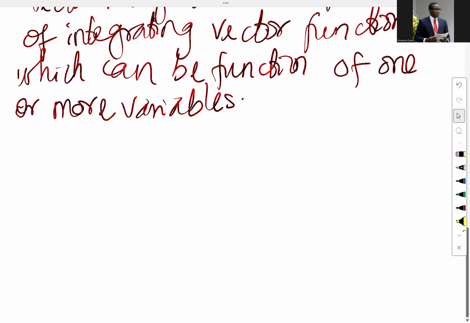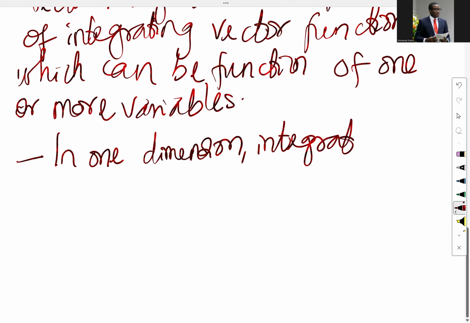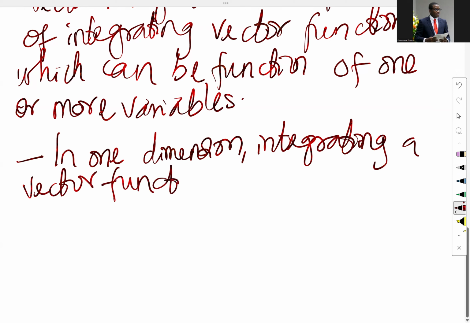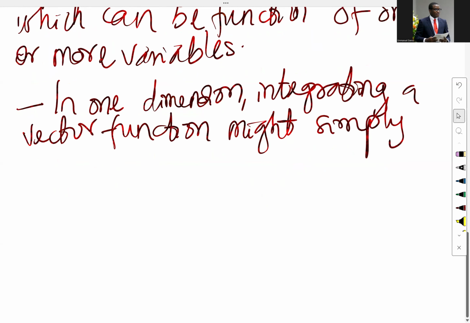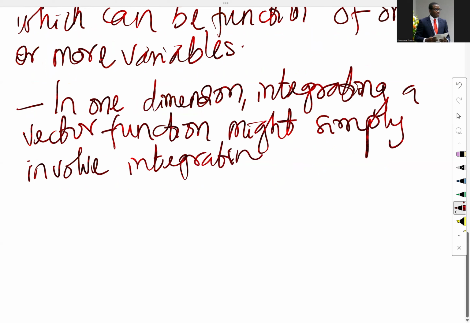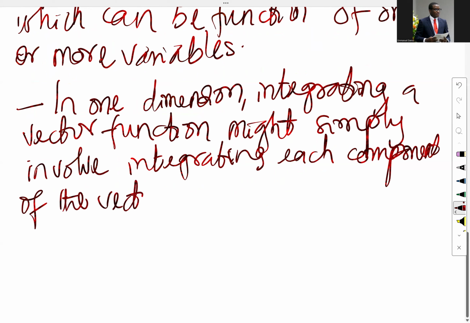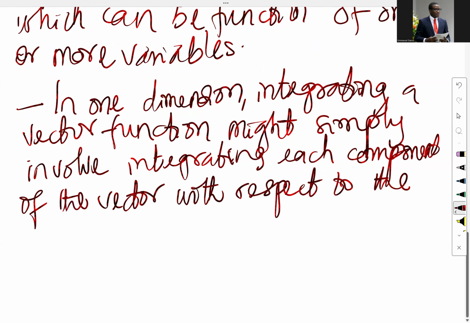Then, of course, we talk about dimensions, right? So, for instance, in one dimension, when we have just x, integrating a vector function might simply involve integrating each component of the vector with respect to the parameter, say x.